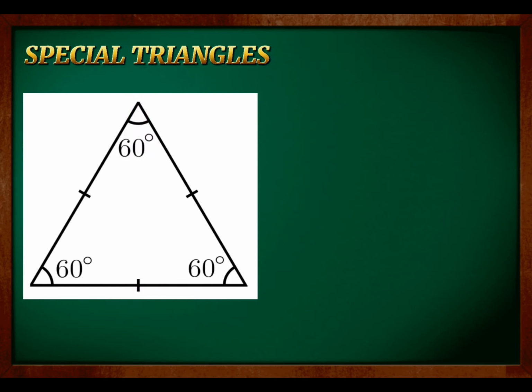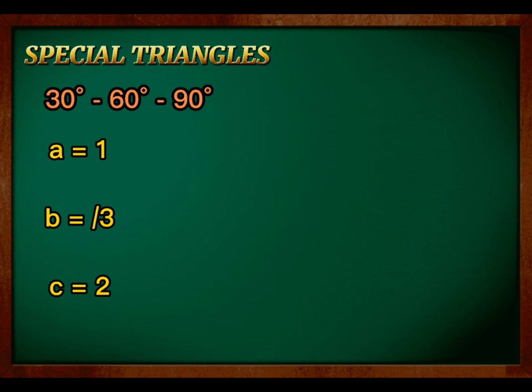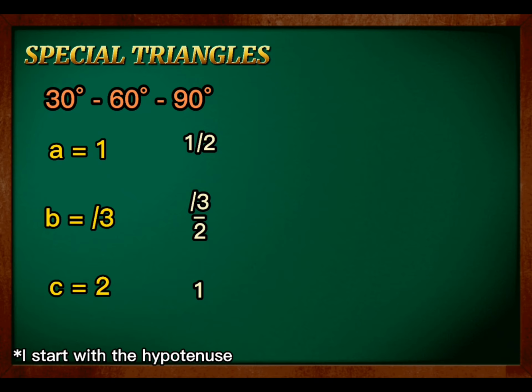So earlier I said that the 30, 60, 90 triangle always measures 2, 1, and square root of 3. So what's the relationship between these measurements and 1, 1/2, and square root of 3 over 2? Well, these are proportionate because when we multiply the hypotenuse 1 by 2, that's 2.